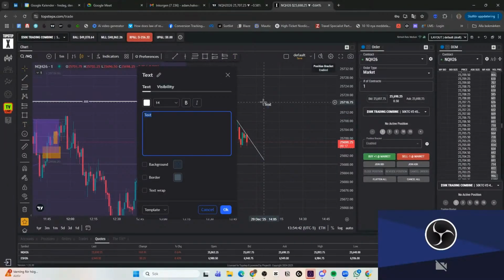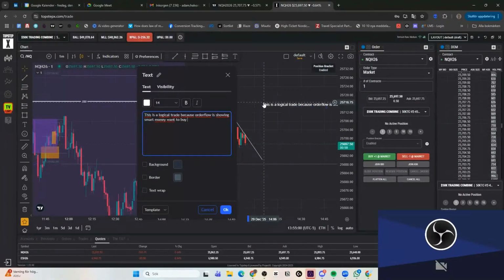Right. So now this is a logical trade because order flow is showing smart money wants to buy shorts. We have a validated bearish order block. We have liquidity built up inside of this order block.